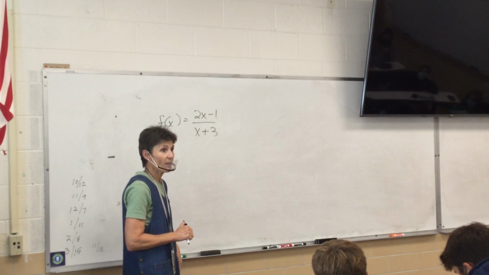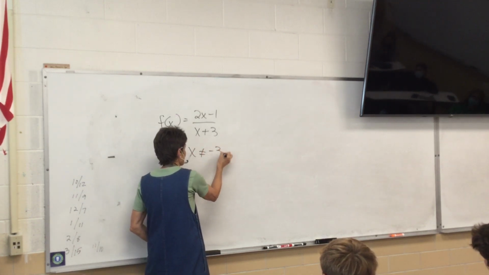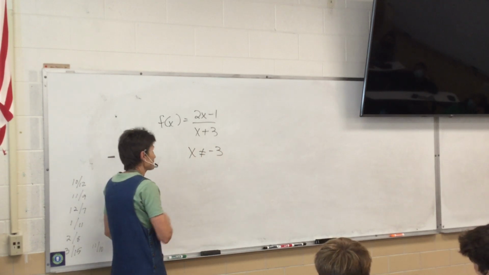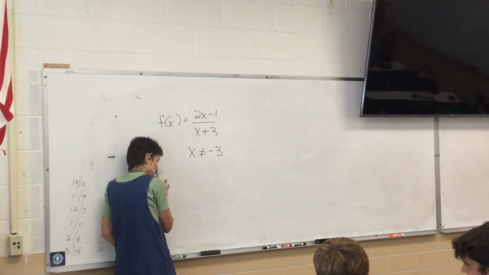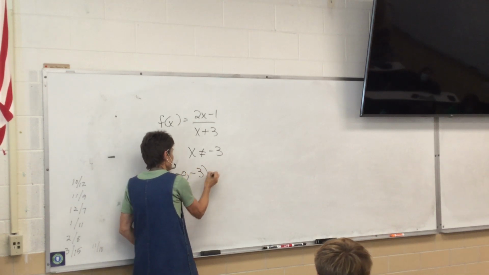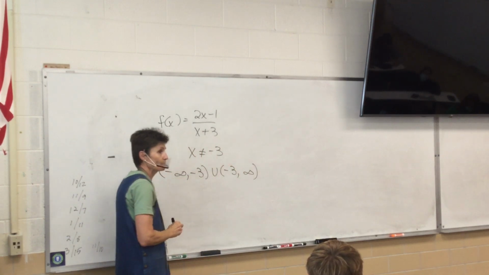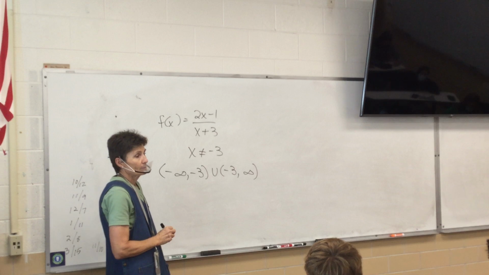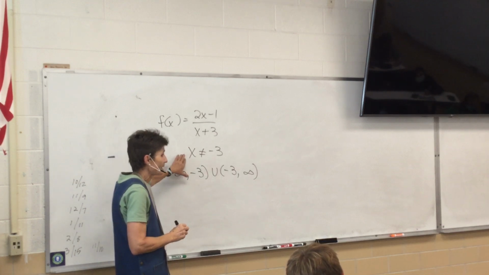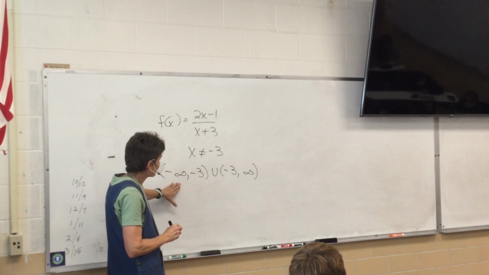Would everybody agree with that? So when we were little kids, we just wrote something like this. X can't be negative 3. Now that we're big kids, what does that mean x can be? Everything else. Would you agree with that? X can't be negative 3, which means it can be everything else.